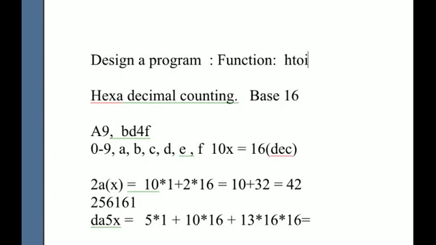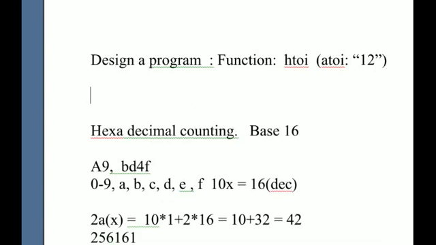For example, it's called a to I. What a to I does, for example, if we have the string 1, 2, we can convert it to the number 12 by using the function a to I.